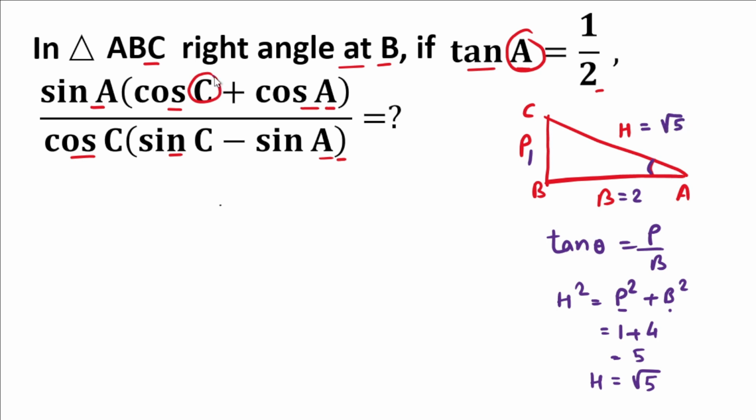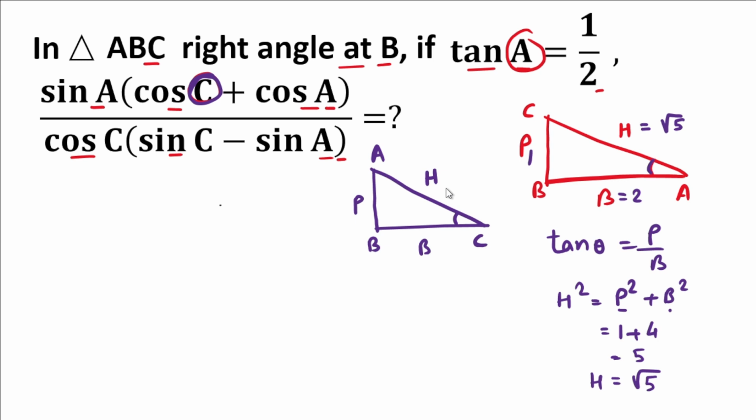Here in the question we have two angles, so we have to find the values for angle C also. Now let us draw another triangle for angle C, right angle at B. For angle C, the base is BC, the perpendicular is the side opposite the angle, and the longest side is the hypotenuse.